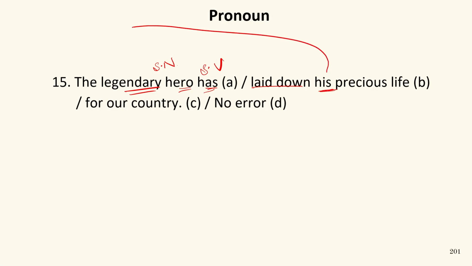"His" is used for this hero, as hero is a masculine gender. Also, it is singular. So we have the singular series: singular noun, singular verb, and then singular possessive case. So "his" is correct over here. The sentence is again correct, so the answer is D, that is no error.